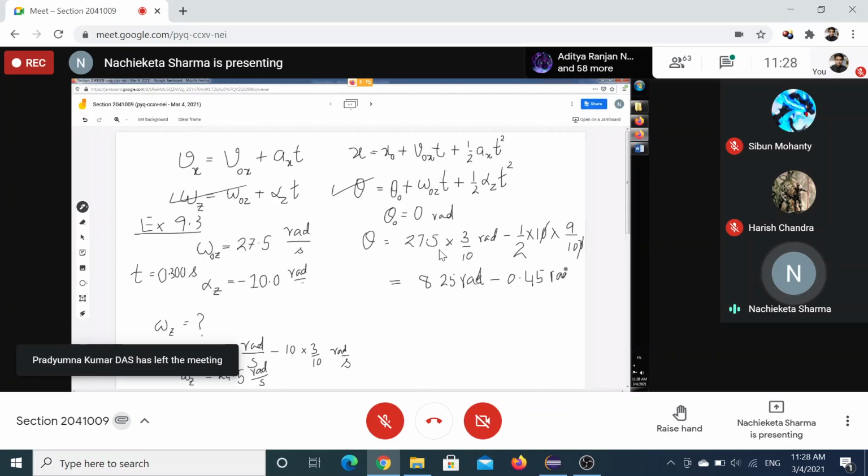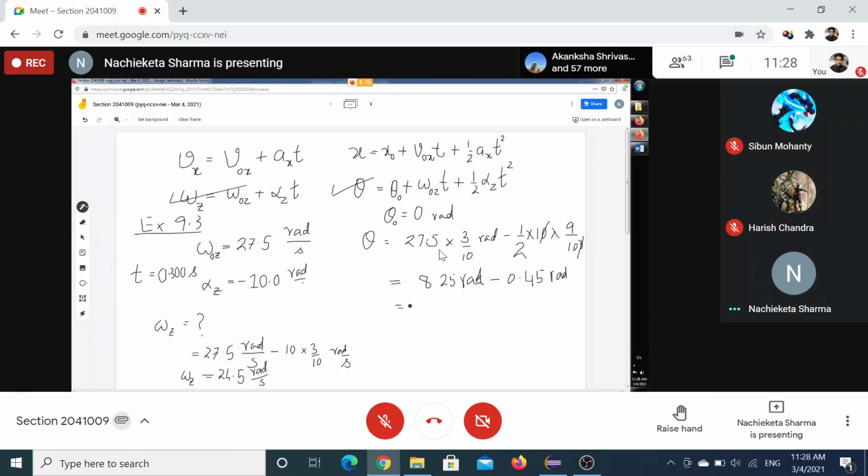So what will be my angle? That is equal to 8.25 minus 0.45, which is 7.80. So that is the radian or the angle described by PQ after 0.3 second.